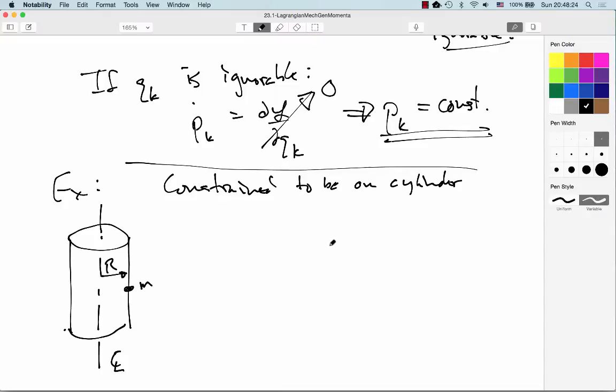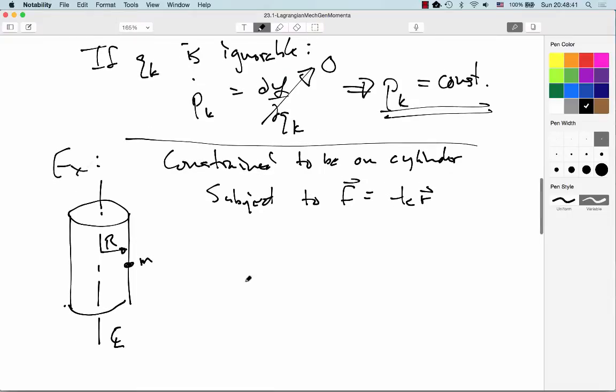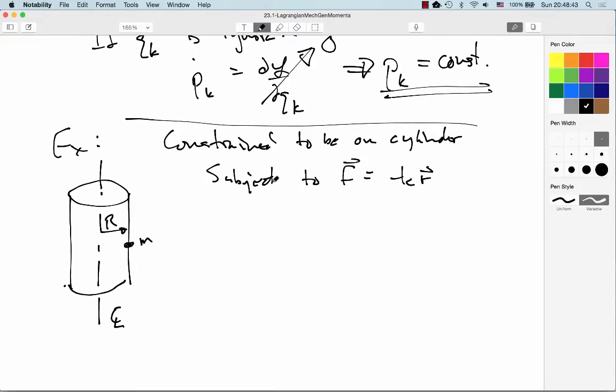And we'll say that we're subject to a force F equals minus k r. Now, we can imagine maybe a suitable network of springs or something like that.